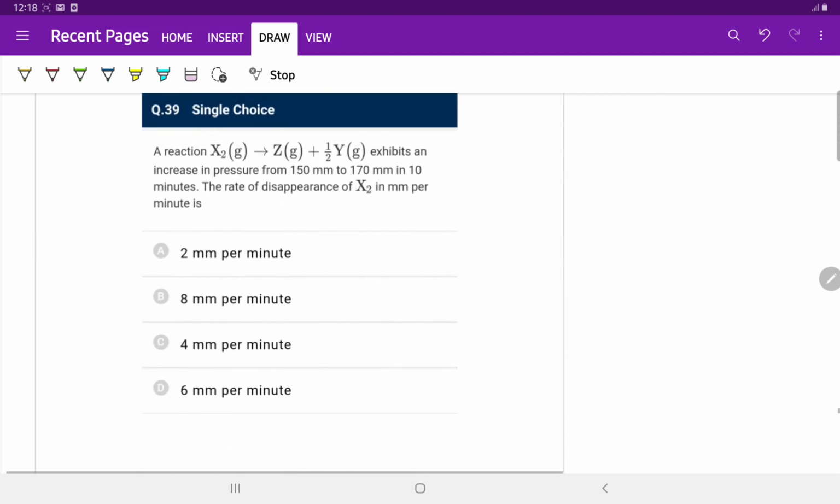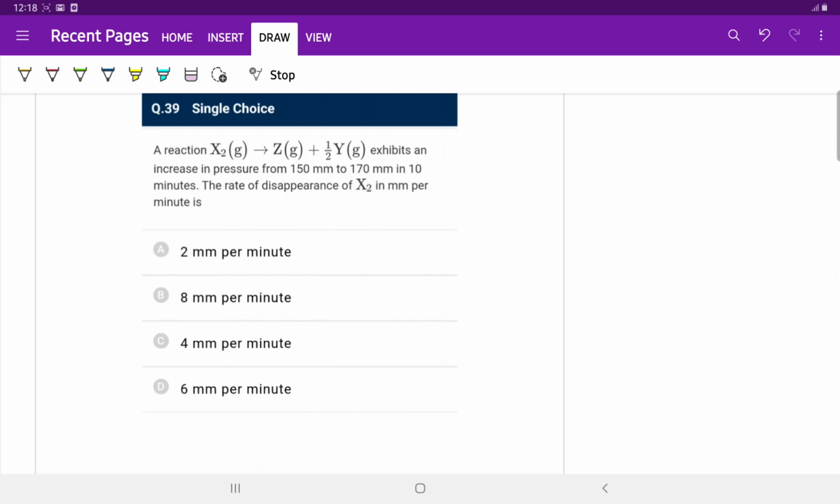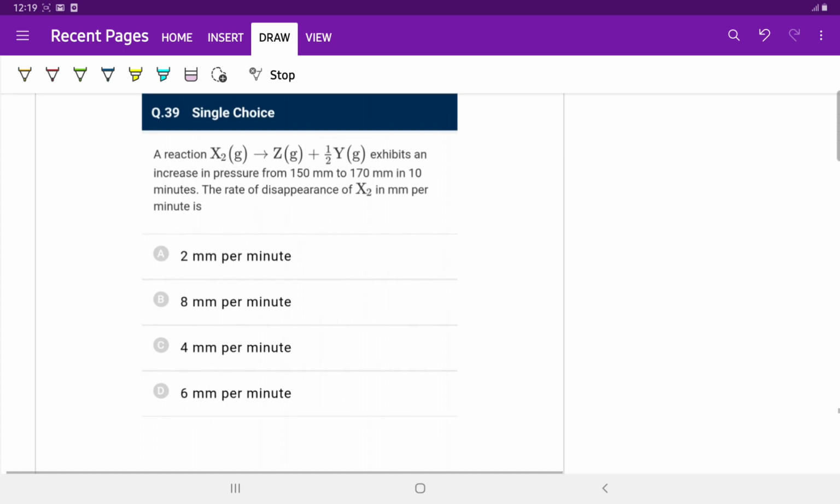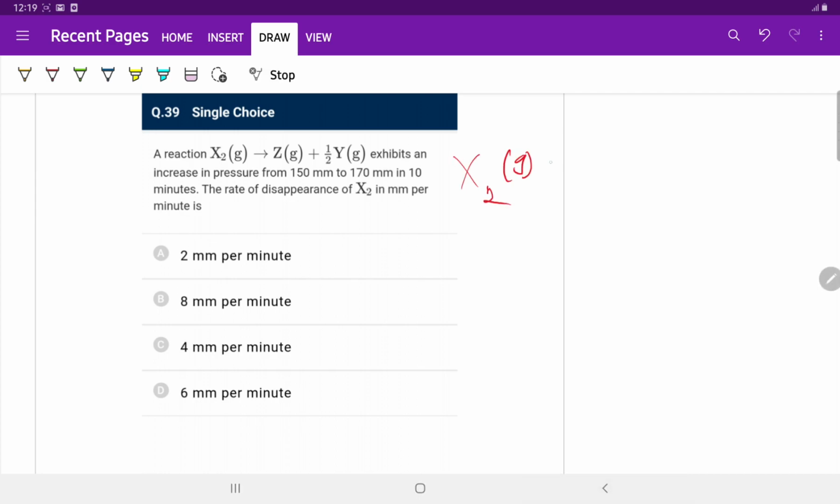Question number 39. In the reaction, there is an increase in pressure from 150 millimeter of mercury to 170 in 10 minutes. The rate of disappearance of X2 in millimeter per minute is, okay, X2 gas is converted into Z gas plus half of Y gas.